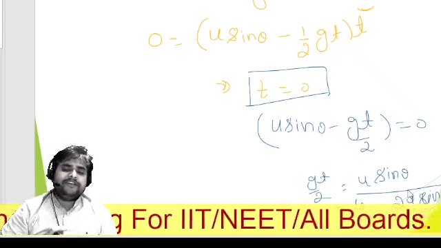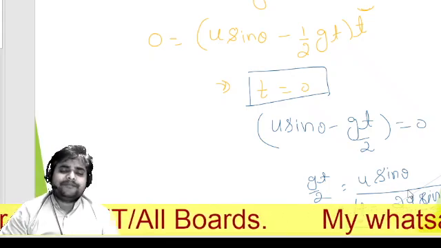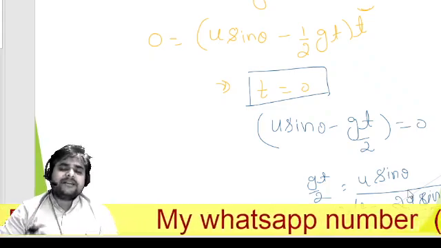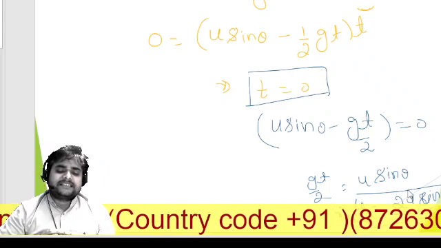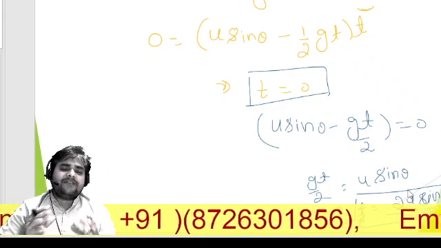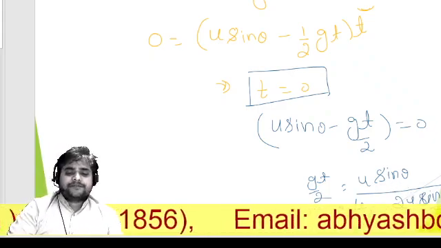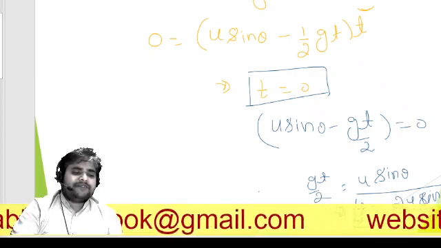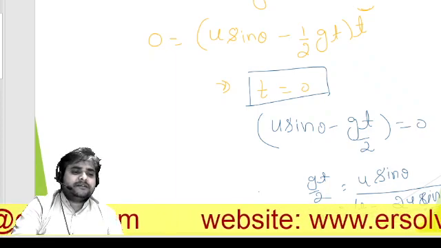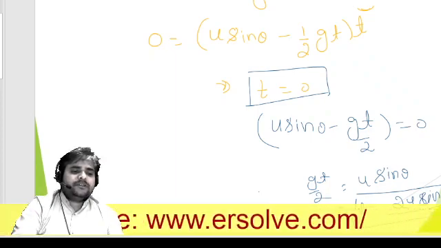Why do we call this the time of flight? Because the time duration for which the object was in the air is the time of flight. So the time of flight of the object is 2u sin theta upon g.